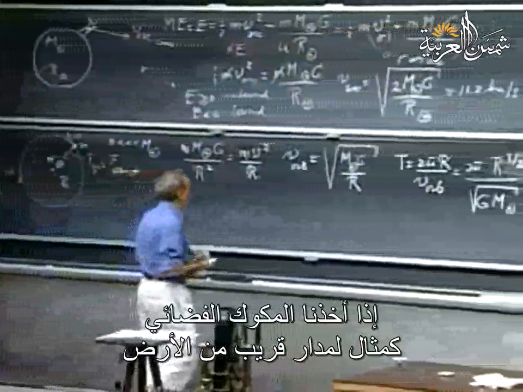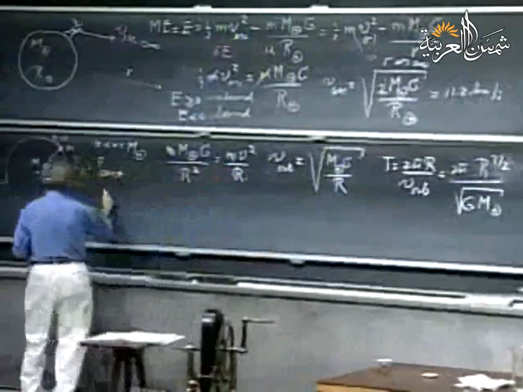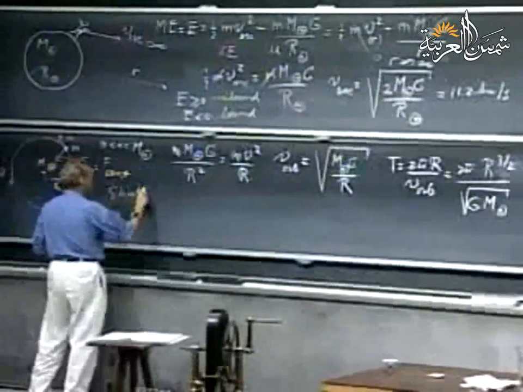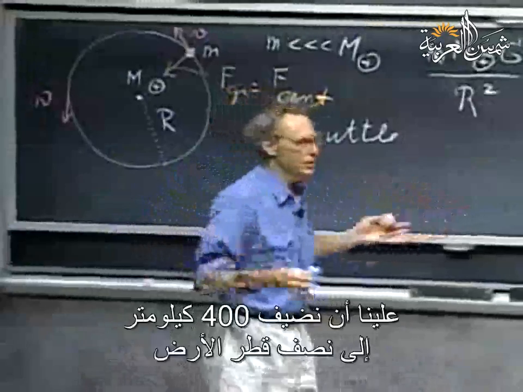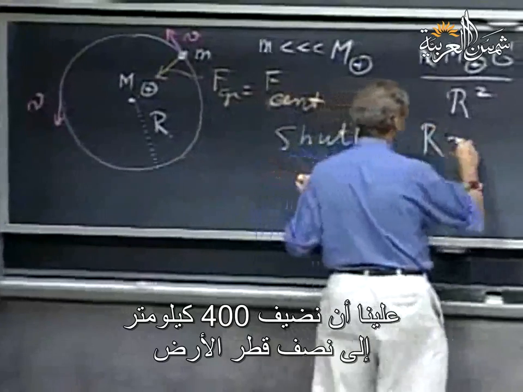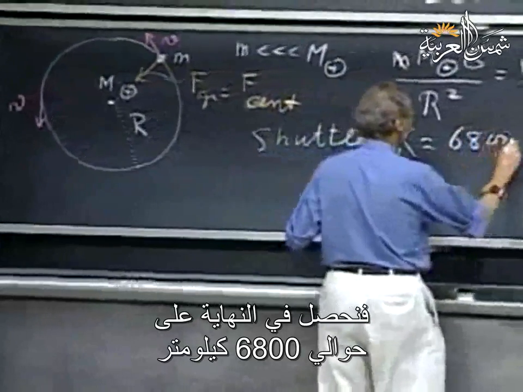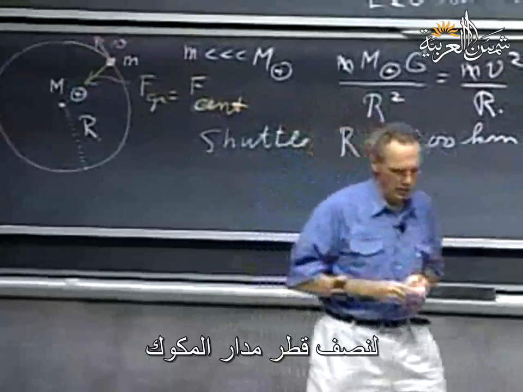If we take the shuttle as an example of a near-Earth orbit, the shuttle may be 400 kilometers above the Earth's surface, so we have to add 400 kilometers to the radius of the Earth, and you end up with about 6,800 kilometers for the radius of the orbit of the shuttle.